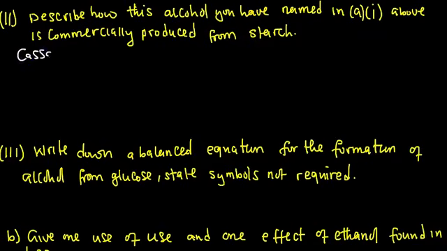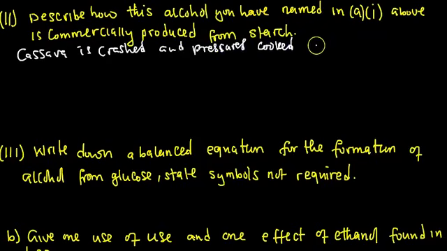So we can say cassava is crushed and pressure cooked to release glucose.